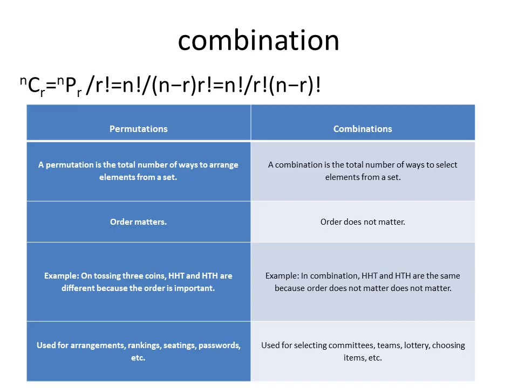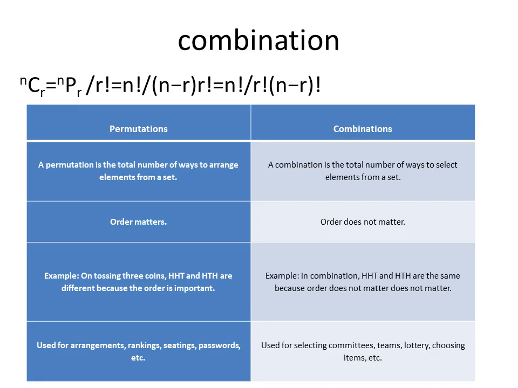We have some differences. In permutation, it is the total number of ways to arrange elements from a set, and in combination, it is the total number of ways to select the elements from a set. In permutations, the order matters. In combination, order does not matter.